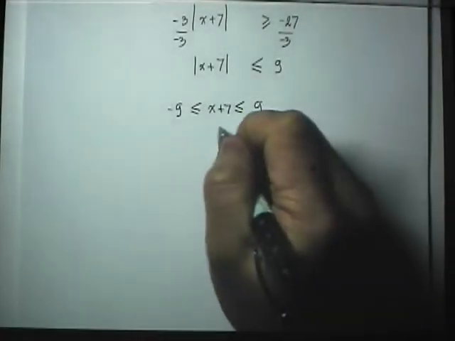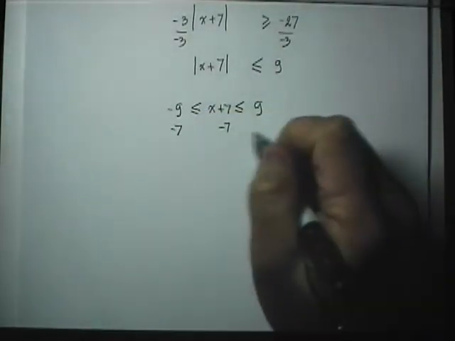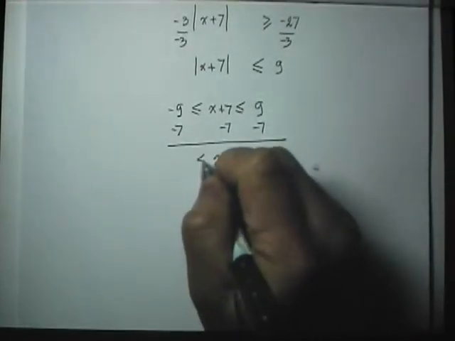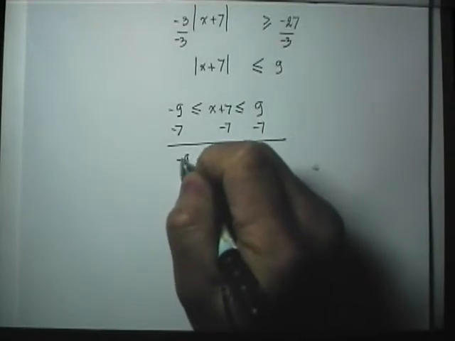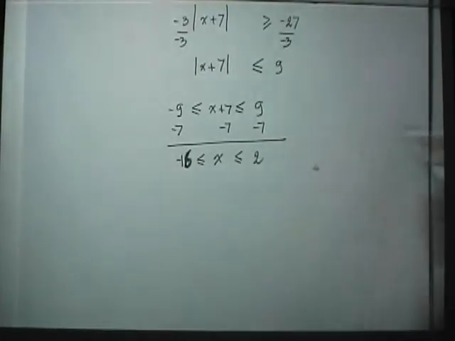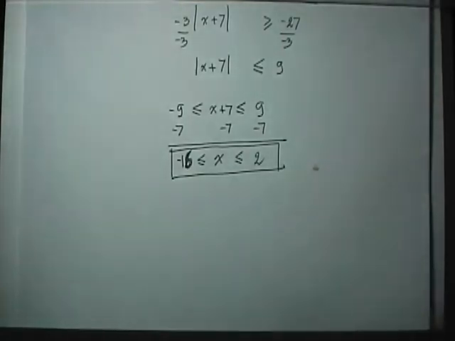And here, to solve that compound inequality, I simply subtract 7 from both sides, and here I have x greater than or equal to -16, and x less than or equal to 2. So that's how I logically found my answer to the inequality.